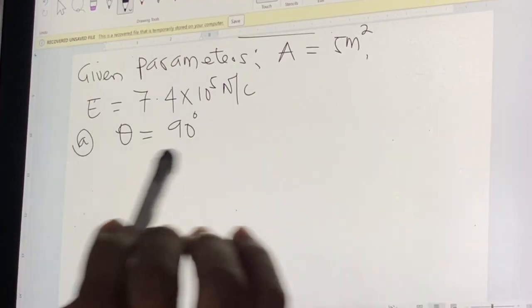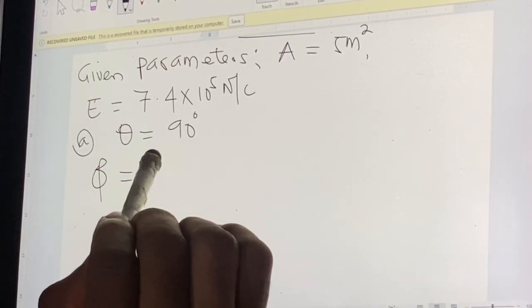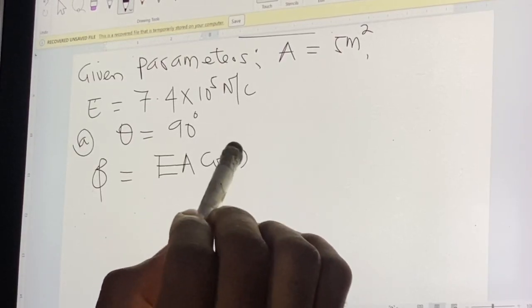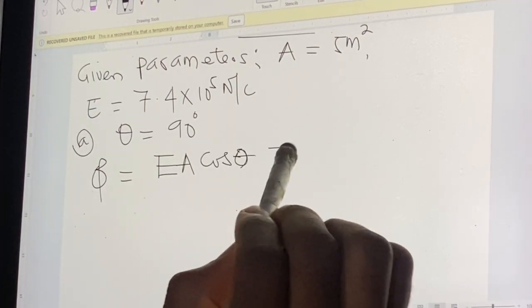And whenever there's an involvement of angle, to calculate electric flux, the formula will be EA cos theta. Please don't forget. So let's replace this here, class.